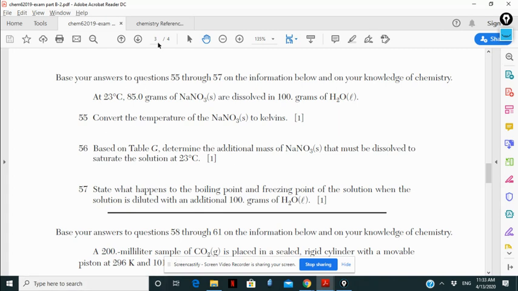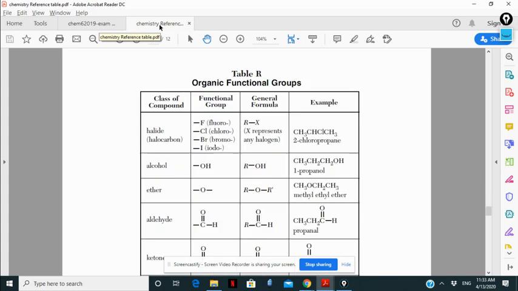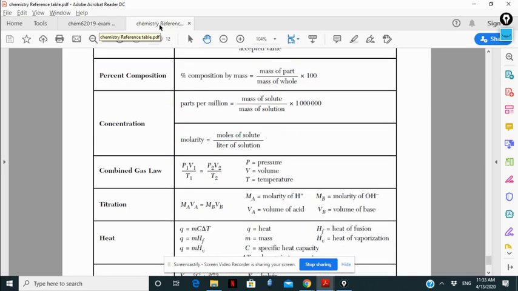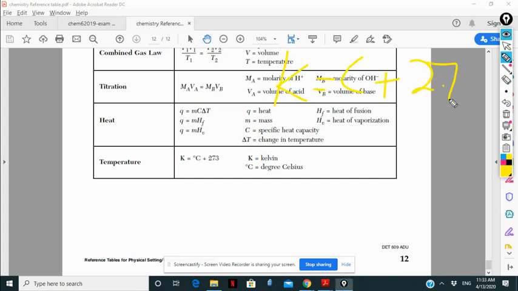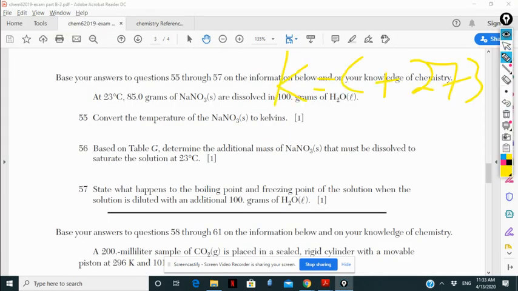So if you look at the reference sheet, Kelvin equals Celsius plus 273. Okay, so that's the formula I'm going to use. So Celsius 23 plus 273 gives me 296 Kelvin.